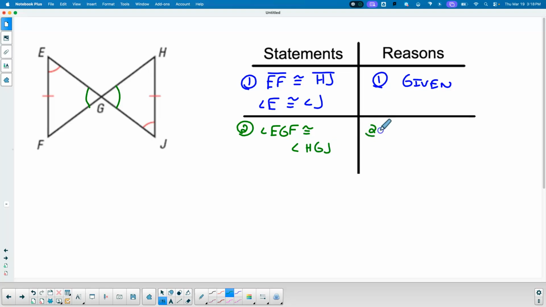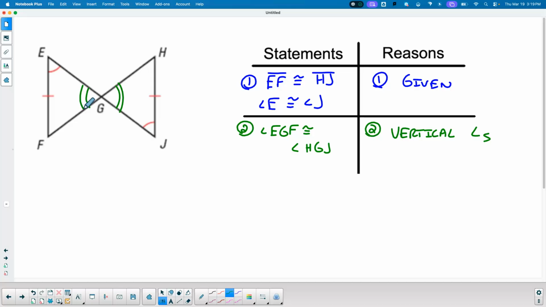And the reason for that would be they are vertical angles. Okay? So now I have those 2 angles. Let me put double marks in there because we had single marks on E and J. Okay? So we're good to go there.